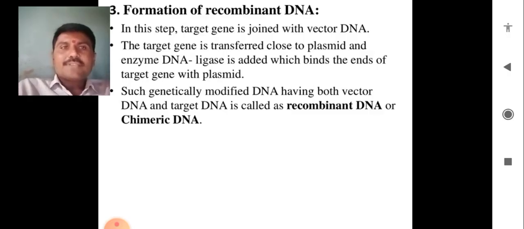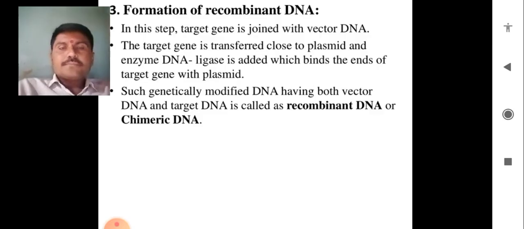Initially, the plasmids are cut with the help of enzymes, and the desired genes are attached at the target sites, and these plasmids recombine with the targeted genes which are reintroduced.